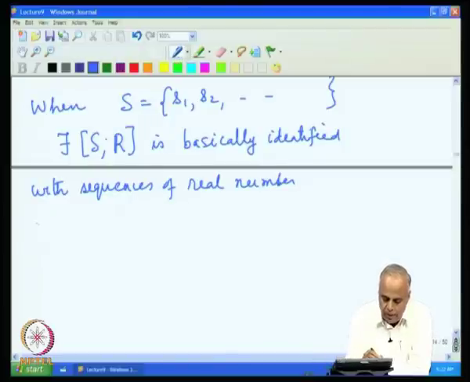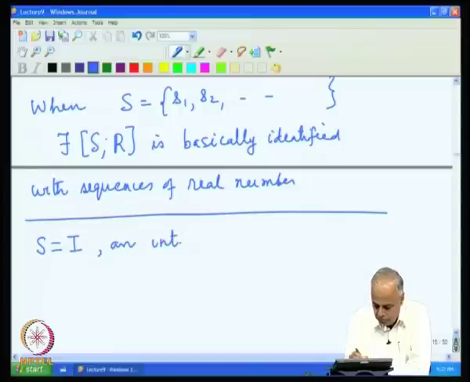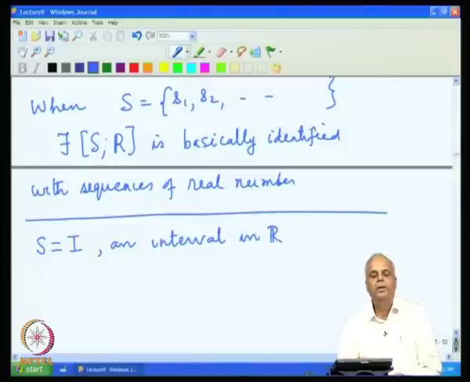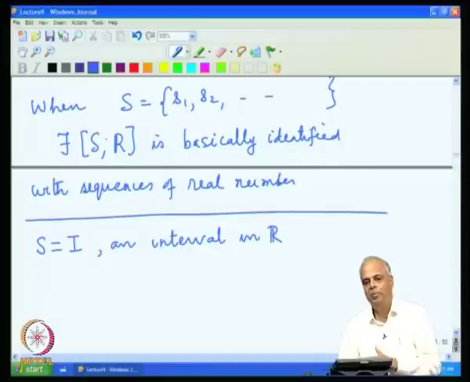Now, let us take S to be an interval on the real line. This interval can be a finite interval or the full real line, semi-infinite, closed, open, whatever type.